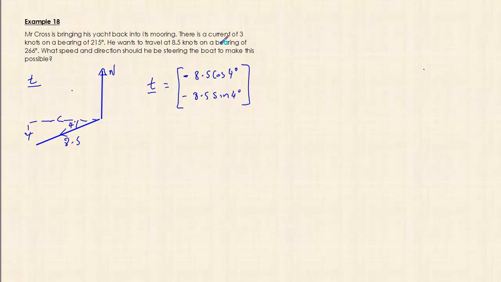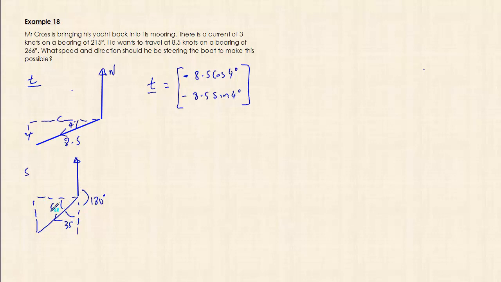Now we have the current. So let's look at the current. So if this is north, the current is on a bearing of 215 degrees. So the current is in this sort of direction here. That's 180. So 215 gives us 35 degrees here.